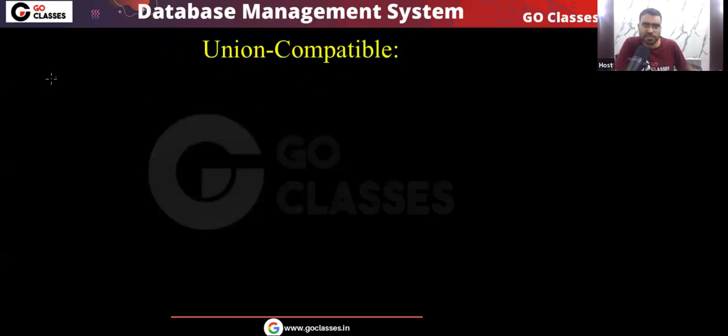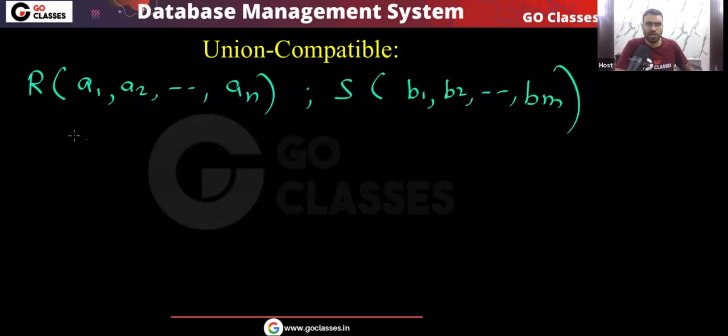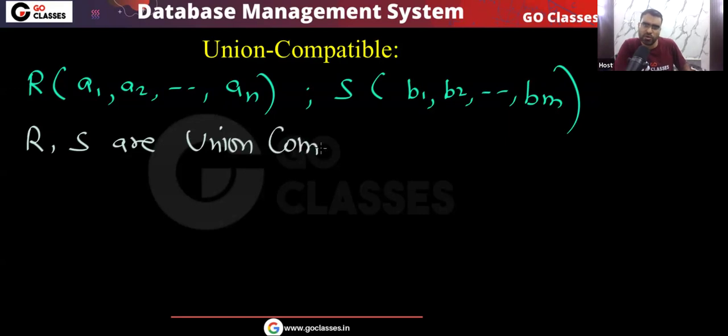If I give you a relation R with attributes A1, A2, and so on up to AN, and another relation S with attributes B1, B2, and so on up to BM, when can I say R and S are union compatible? Union compatible means you can do their union, their intersection, and their set difference.